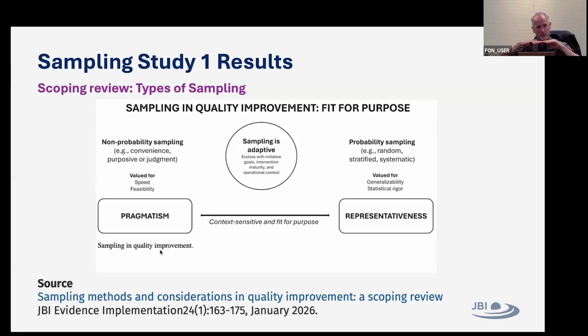And still on a continuum, so same level, not a hierarchy, but at the other end of the continuum is representative or probabilistic sampling.